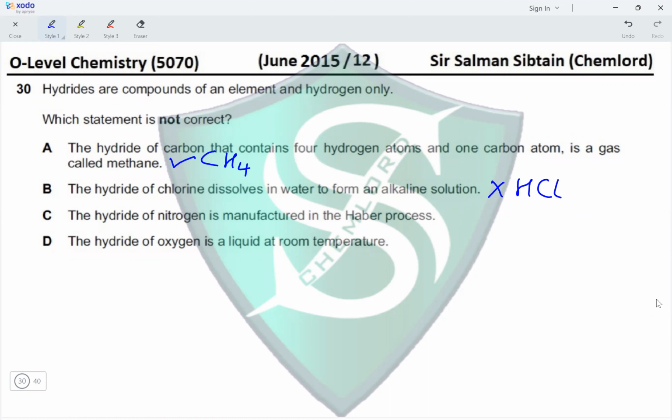The hydride of nitrogen is manufactured in the Haber process. Yes, this is true. This is ammonia. And the hydride of oxygen is a liquid at room temperature. Yes, this is water. So the only option that is incorrect is the hydride of chlorine dissolves in water to form an alkaline solution, making option B the correct option for this question.